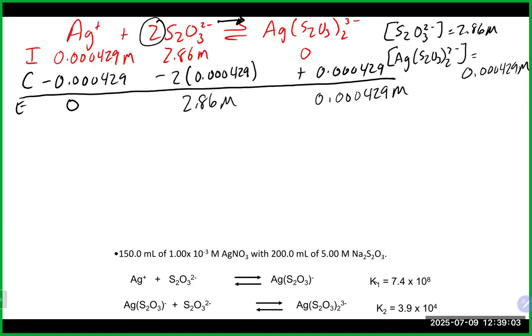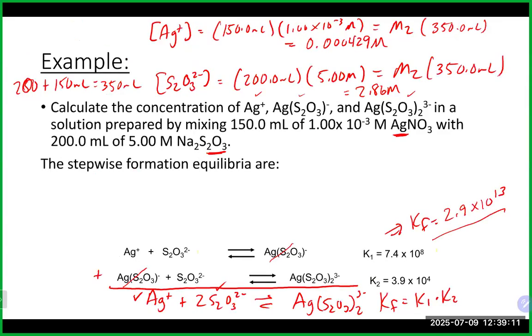So we got a couple of answers from just the overall ice table and reaction that's happening. And if we look at our problem, that means we got this guy's concentration, and we got that guy.